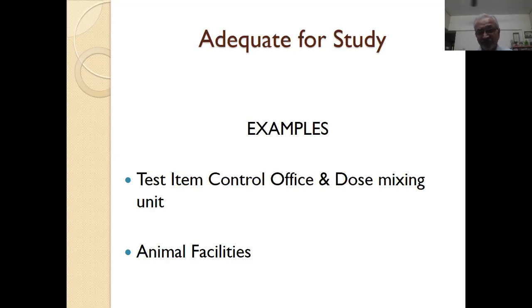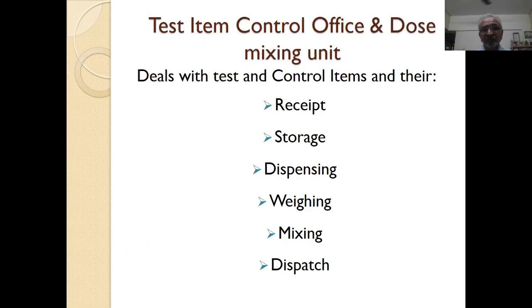In animal facilities as well, if you have breeding facilities, breeding should be separate from experimental facilities. The test control office and dose mixing unit deal with your test and control items for their receipt, storage, dispensing, weighing, mixing and dispatch, and all that has to be controlled and recorded properly.